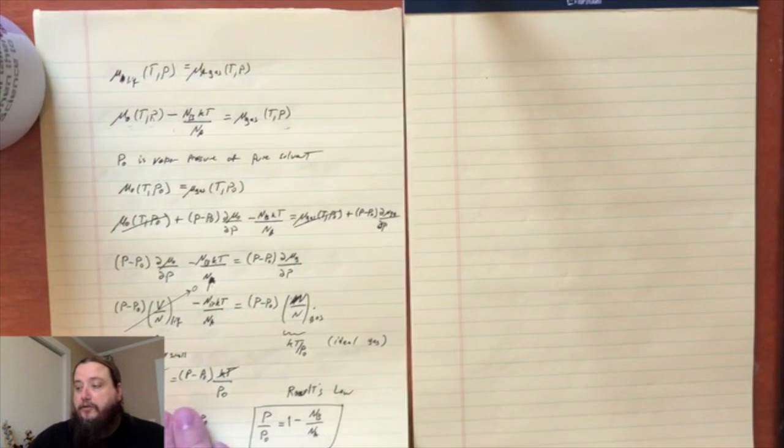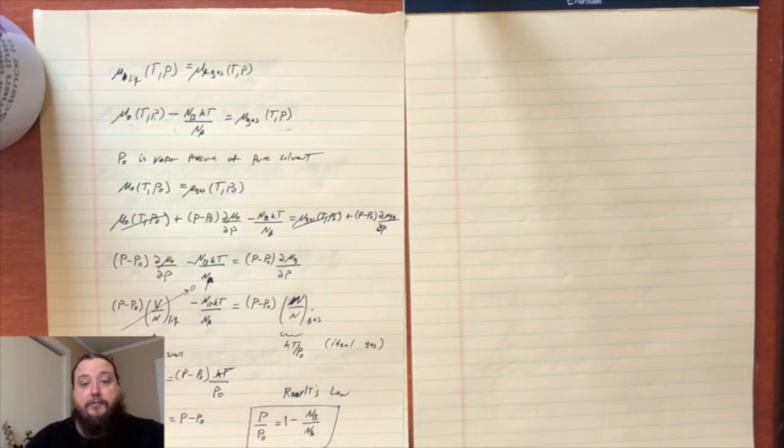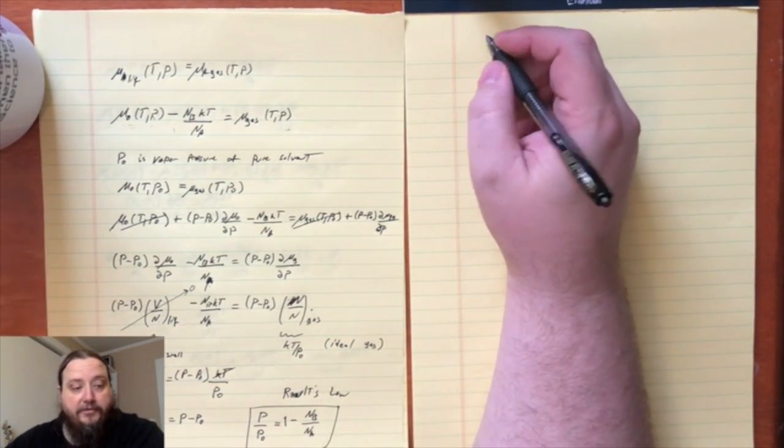The other thing we could do is examine this in terms of how it changes the boiling temperature, the boiling point. So we're going to vary the temperature instead of the pressure.